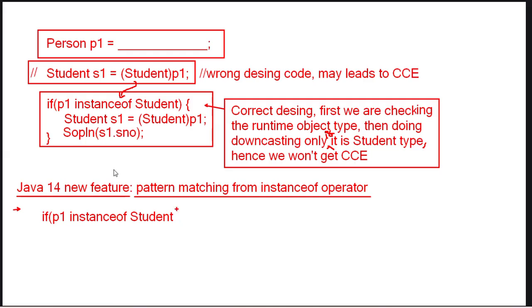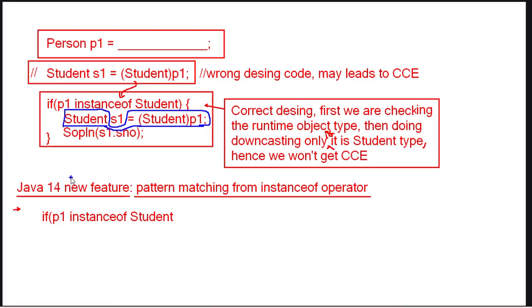Look here. Observe. P1 instanceof student: my intention of using the instanceof operator is for casting only. You write, I write, any developer writes, in any project, in any company, this line is fixed, this part is fixed. When it is fixed, why are all the people writing it?